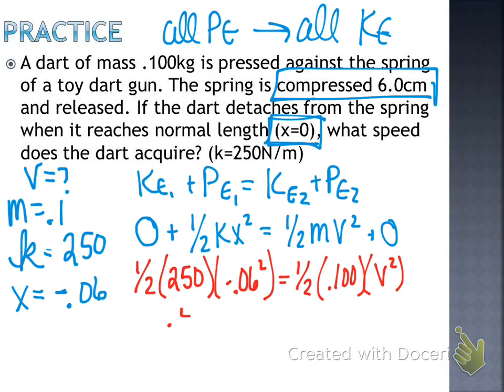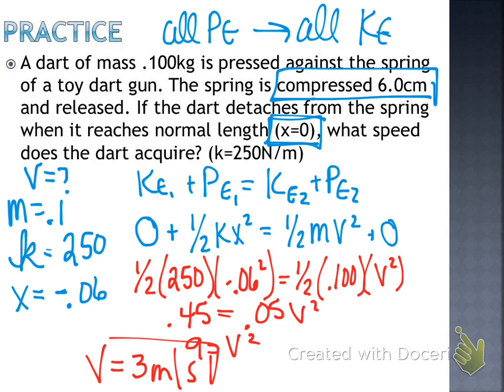The whole left side gives us a 0.45. We have 0.05 over here times v squared. So 0.45 divided by that gives us 9 equals v squared. So that means the velocity that it reaches is 3 meters per second.